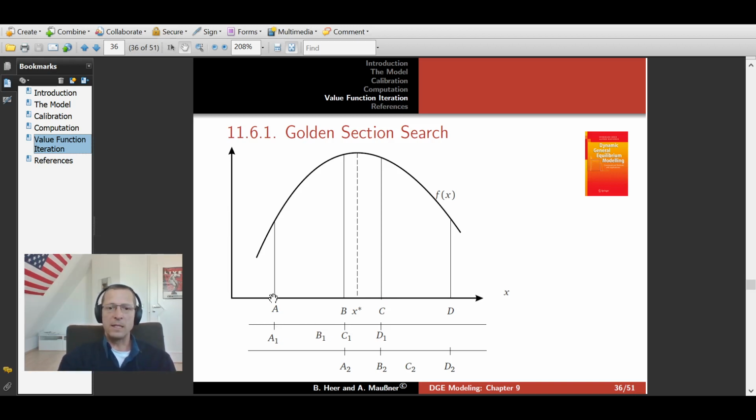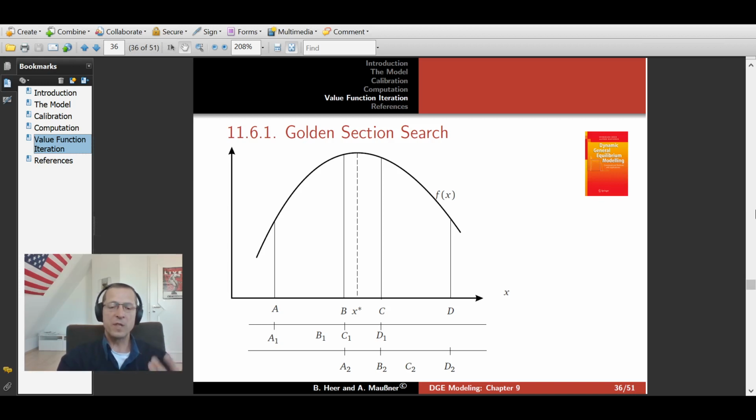So the length of a, d relative to a, c should be equal to a1, d1 and a1, c1. The same holds if the maximum lies here and we end up in the interval b, d: the lengths a2, d2 and a2, c2 have the same ratio as a, d and a, c.